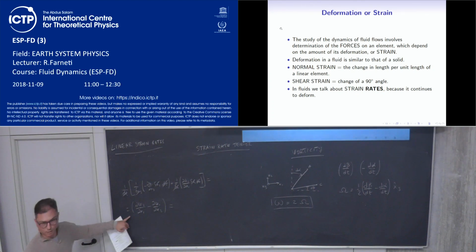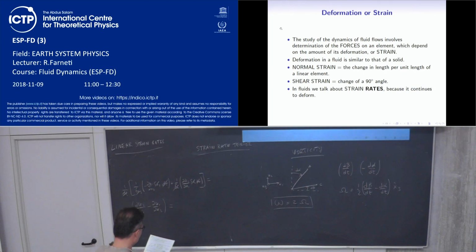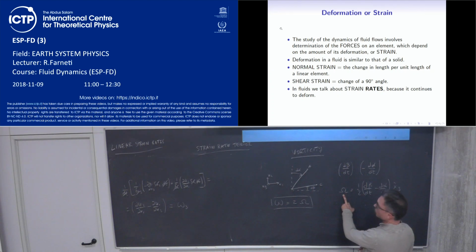okay. So this is the vorticity around axis 3. Okay, so we just take the rotation, which is given by the rate of change of these two angles, which is 1 over 2, so the average of these two components.